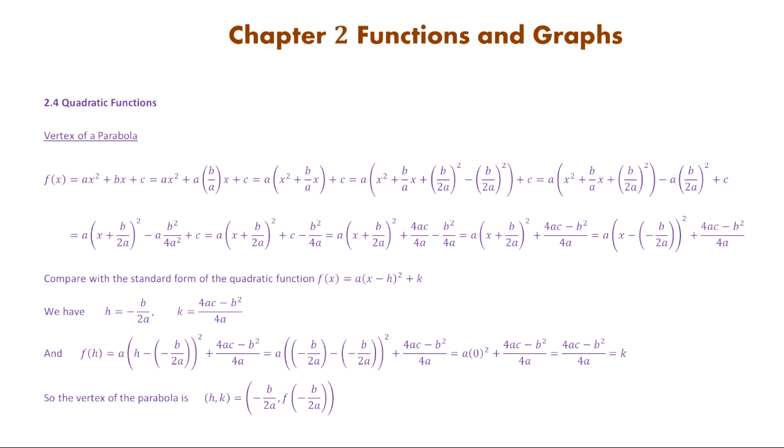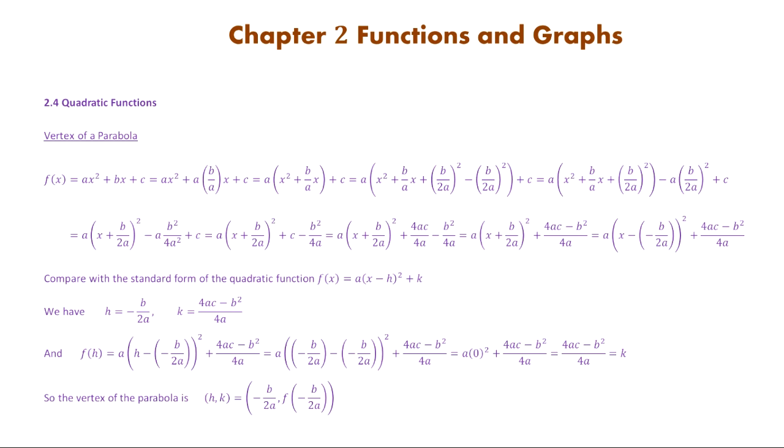So we are given a quadratic function in the general form of ax squared plus bx plus c, and we are trying to rewrite this function in the standard form like we did in the example on the previous page, but we're talking about the more general case. So the first thing is to rewrite bx as a times b over a x.